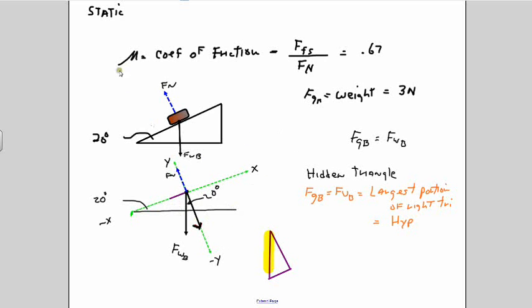Can you see that this makes a rectangle here? It's a rectangle.